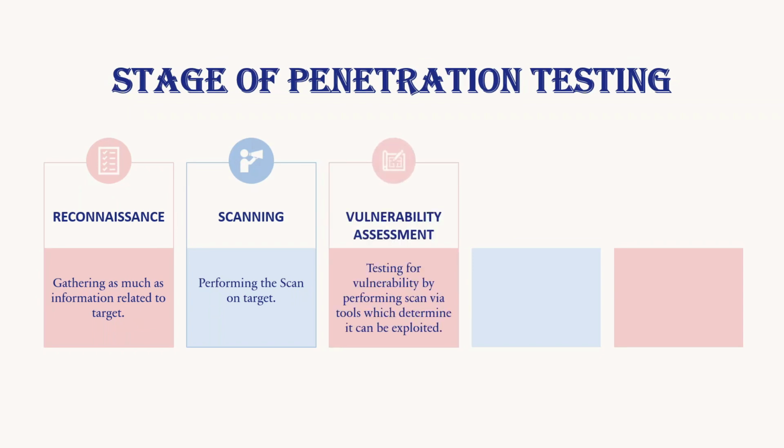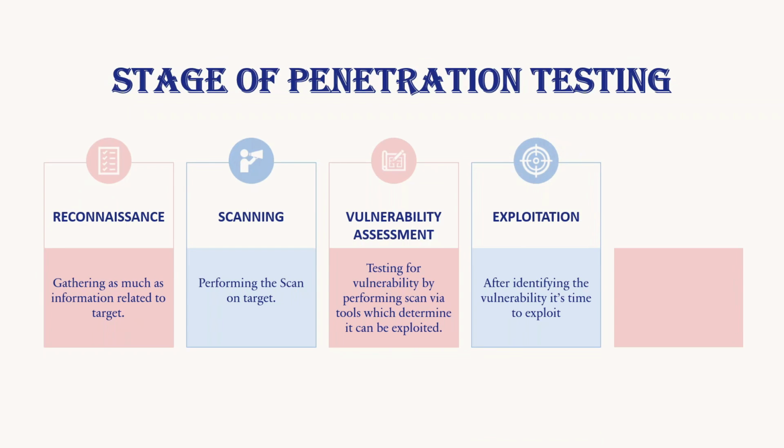The third one is vulnerability assessment, testing for vulnerabilities or performing a scan with a tool that determines whether they can be exploited. The fourth one is exploitation. After identifying the vulnerabilities, it is time to exploit them. And the last one is reporting. At the end, making the POC related to the vulnerabilities. We will cover all these topics in this series as we go further one by one.